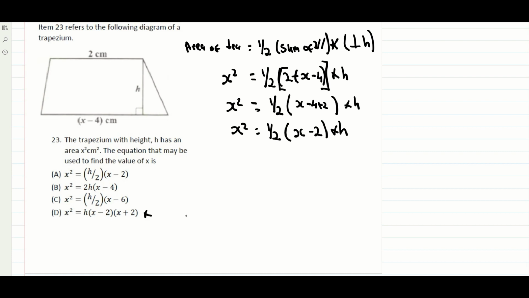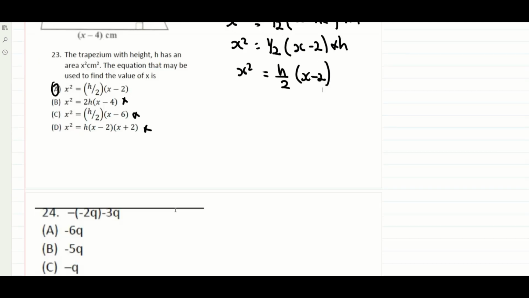So it is not this, it's not this, times 4, no, it is not that. So the answer would be A, right? But let's just work it out. We said multiply a half by h, so x squared is equal to a half by h, which is h over 2 by x minus 2. So we know that the answer is A for sure.